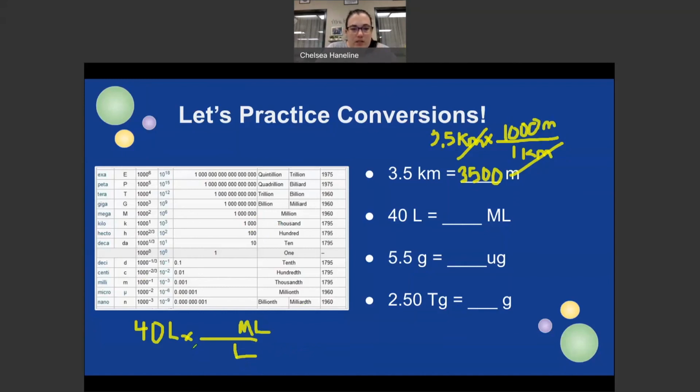So down here we have 1 million liters. Then we take 40 divided by 1 million, and we have 0.0004 is our answer.